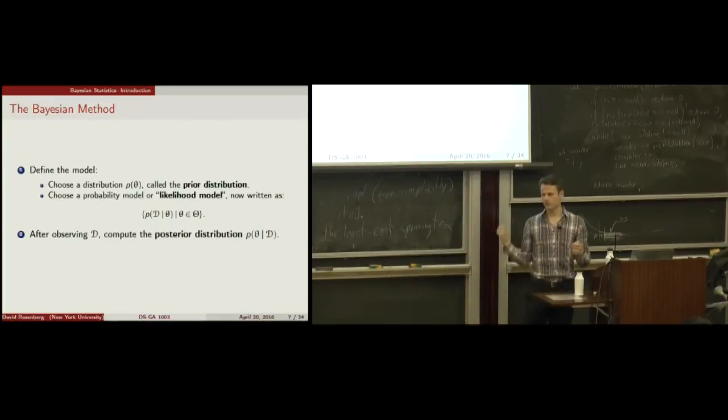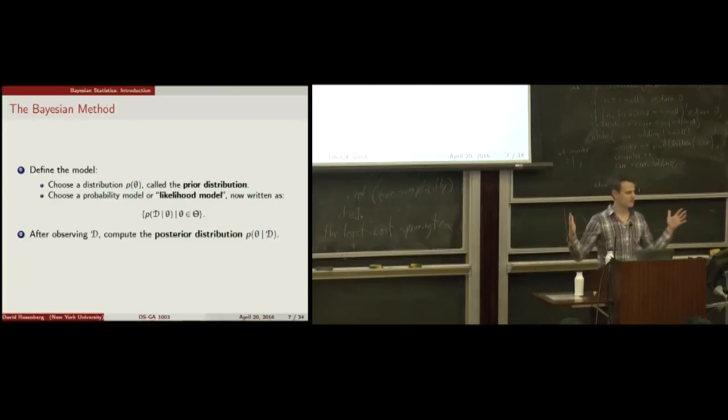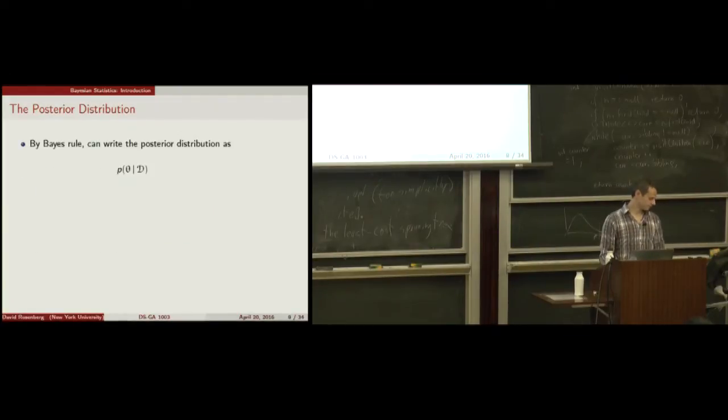And then we observe 1,000 coin flips, and we're going to have a new belief, a posterior distribution on theta, which, if the coin is in fact fair, is going to be tighter around a half. OK. So the posterior distribution is kind of the core element of Bayesian statistics.